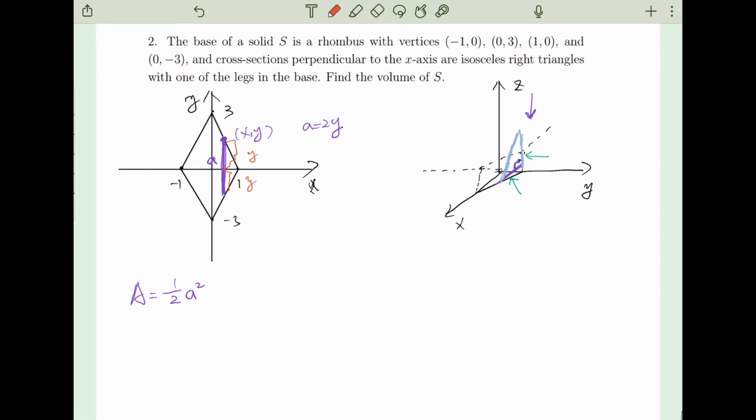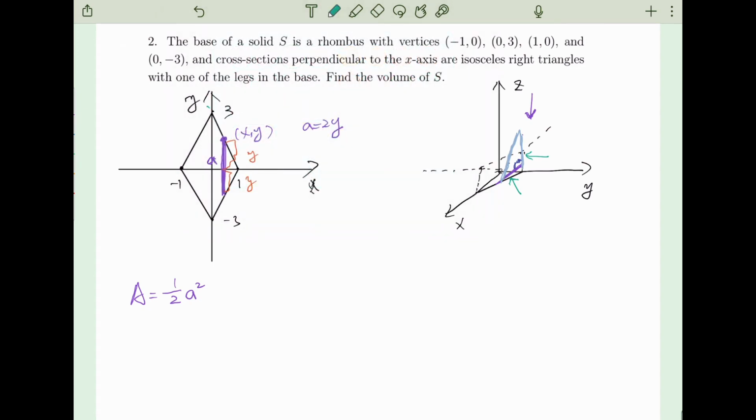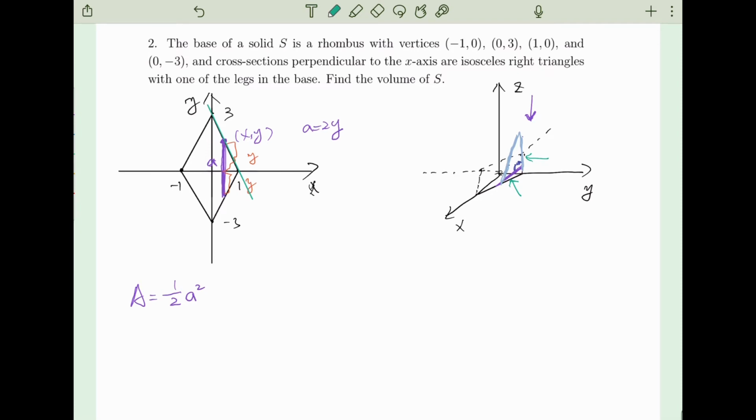How can we figure out what y is? Well, we can start with the equation of this straight line, the green line here. It crosses the point 0, 3, and this 1, 0.